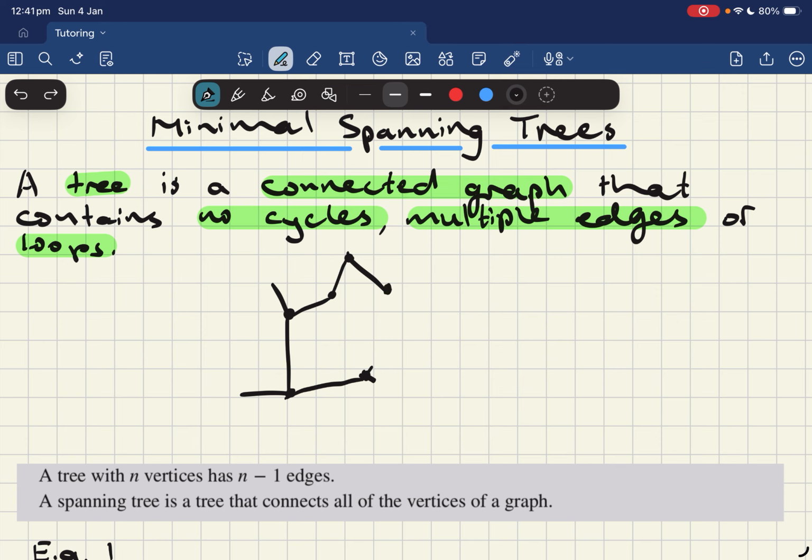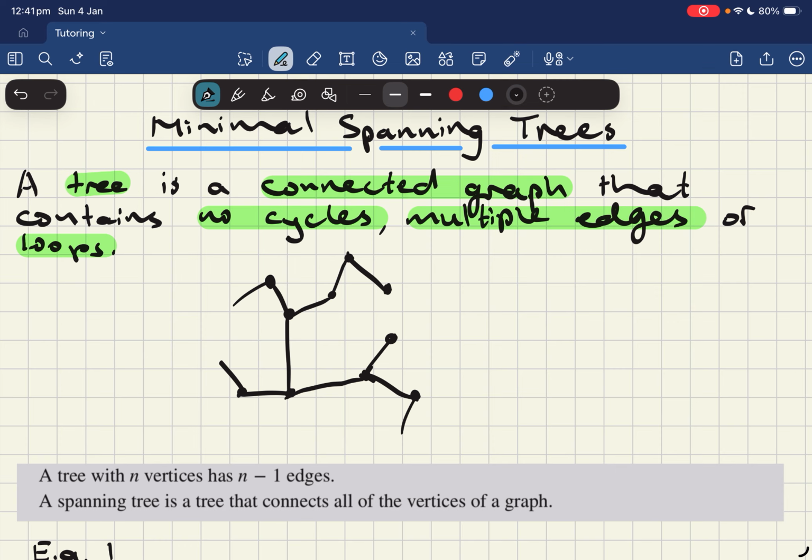Similarly, we won't see a tree that contains a loop like this. So anytime we have something with these three features, a cycle, multiple edges, or loops, this thing will cease to be a tree. A tree means that our network diagram, or part of the network diagram, will just look like this. It will just look like all of these different parts, these edges going off in different directions, but containing no cycles, multiple edges, or loops.